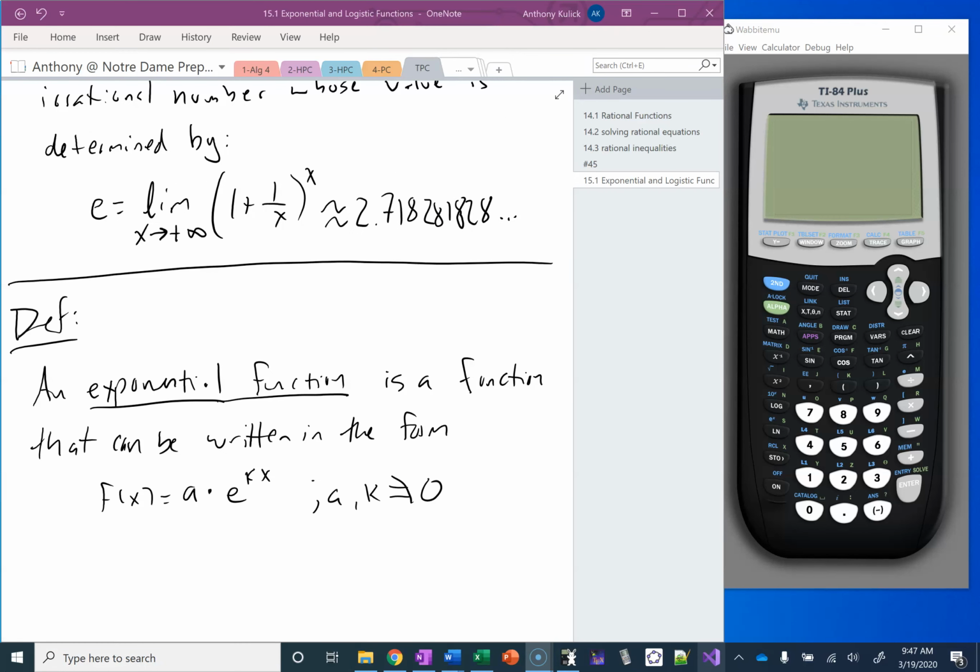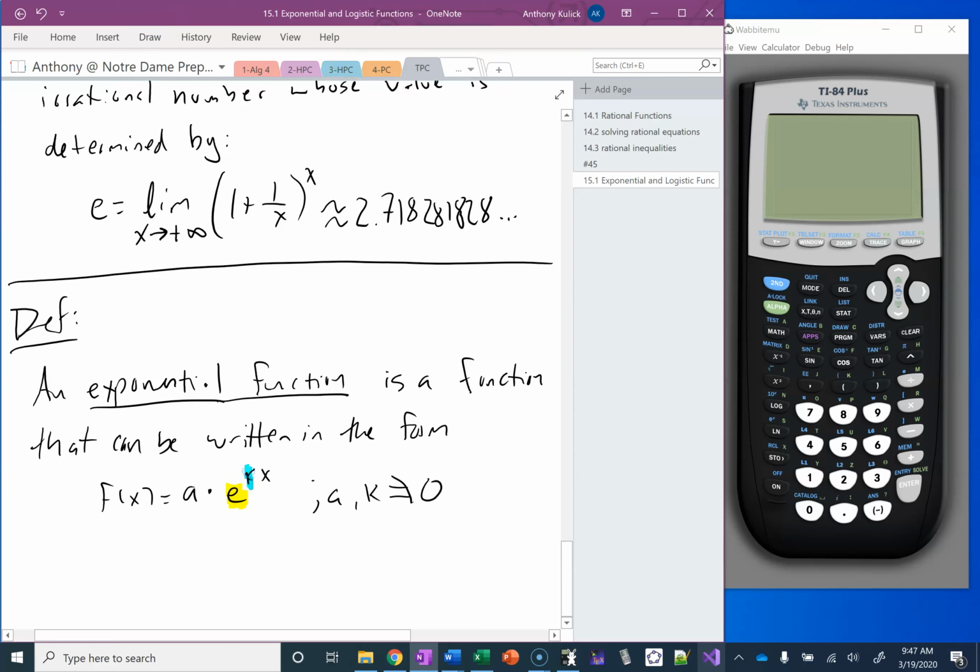So our second definition for an exponential function is a function that can be written in the form f of x is equal to a times e to the kx, where a and k are non-zero numbers. So this is just a second definition. It's one where the base of our exponential, though, is always going to be e.